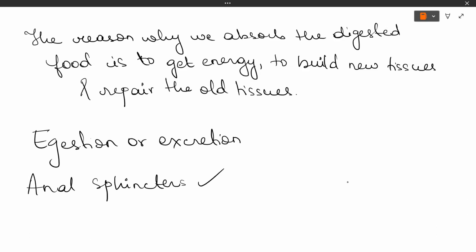These sphincters regulate it, like whenever we have the urge to defecate, we can control it, isn't it? Yes, ma'am. We can control it because of the presence of anal sphincters. These are under our control. Is it clear? Yes, ma'am.